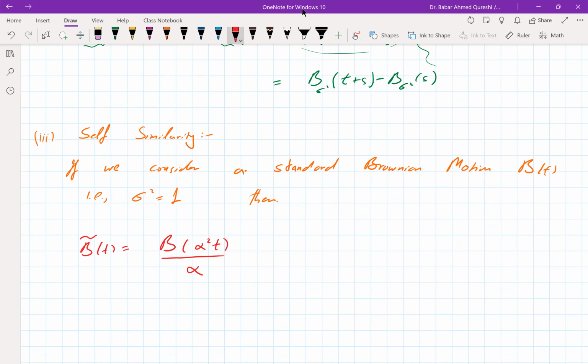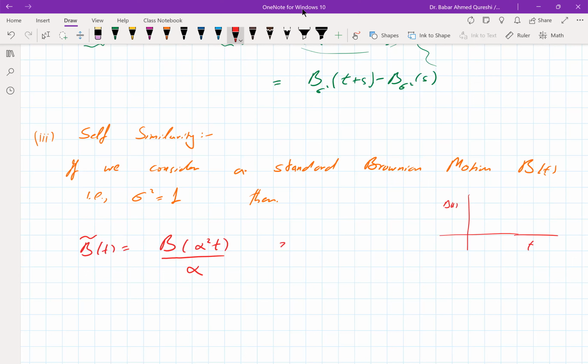So that's scaling the y-axis. And at the same time, I have multiplied t by alpha square. So that's scaling the x-axis.